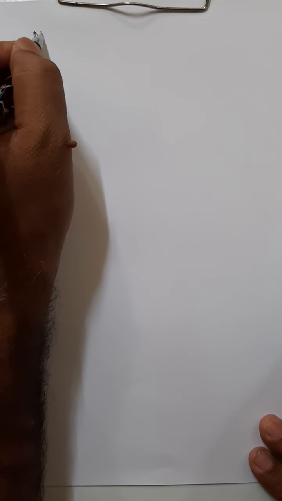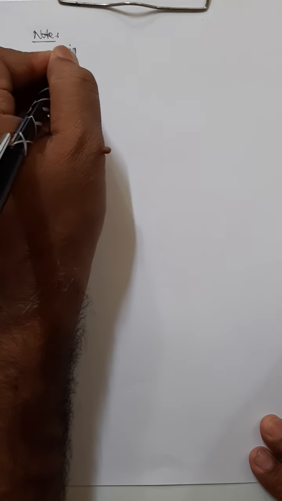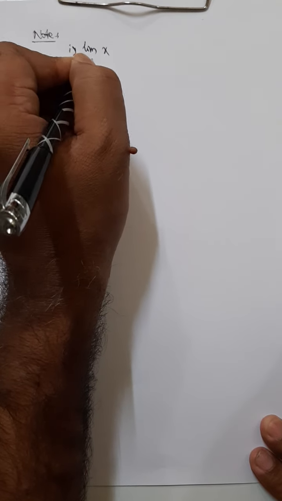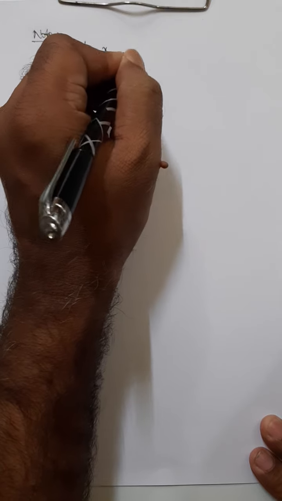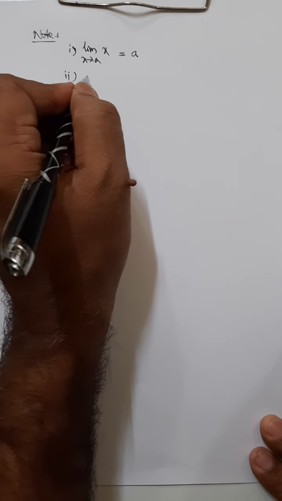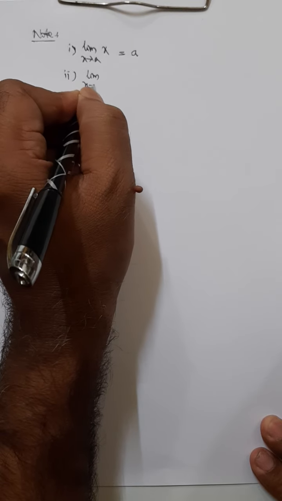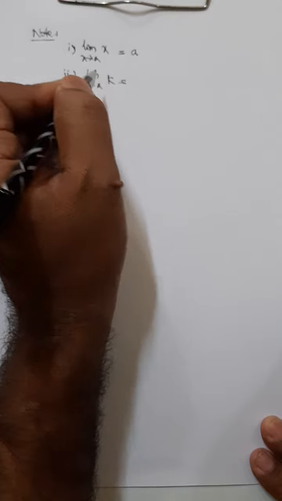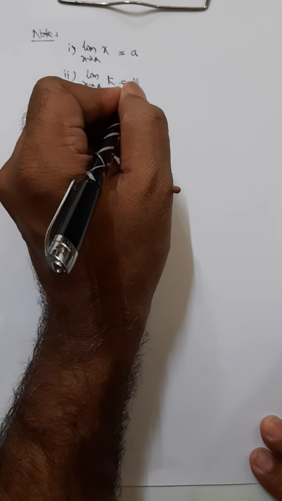Write some basic limits as a note. Limit of x as x tends to a, simply we get a, we put x equal to a. Similarly, limit as x tends to a, if k is any constant, limit of a constant as x tends to any value, we get the constant.